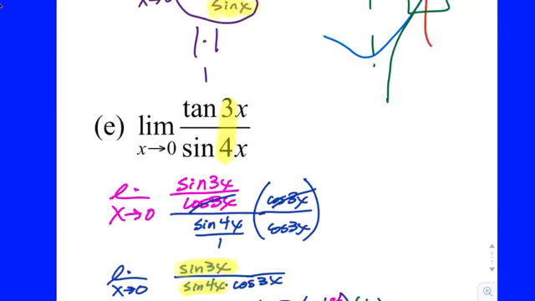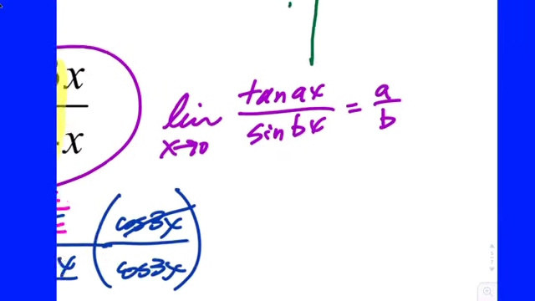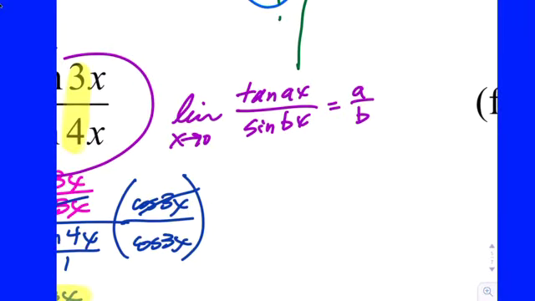So we can now summarize this right here. We can say the limit as x goes to 0 of tangent of ax over sine of bx is equal to what? A over b. Now, because sine and tangent are essentially interchangeable at 0, you can have any combination of tangent and sine there.